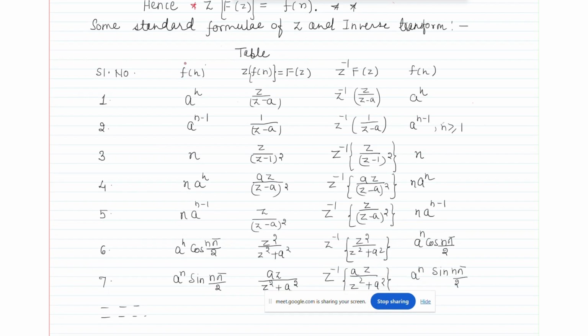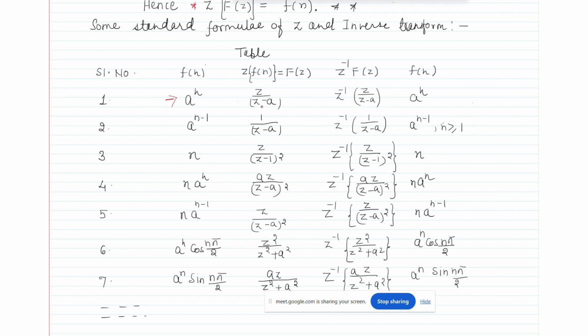The first formula: if the function is a to the power n, how do we write its Z transform? By the definition of the Z transform, it is Z upon Z minus a.